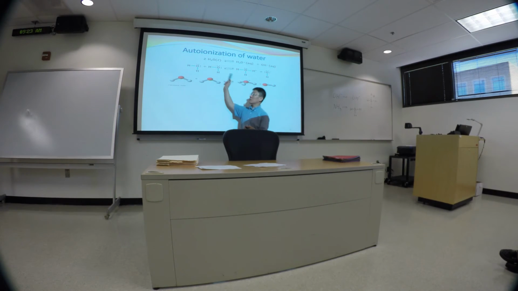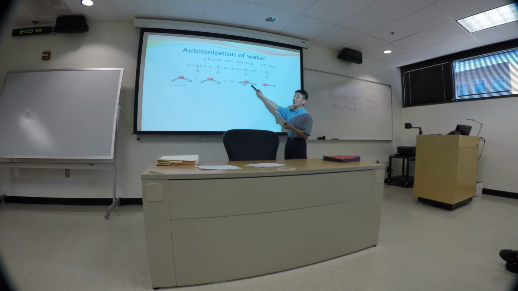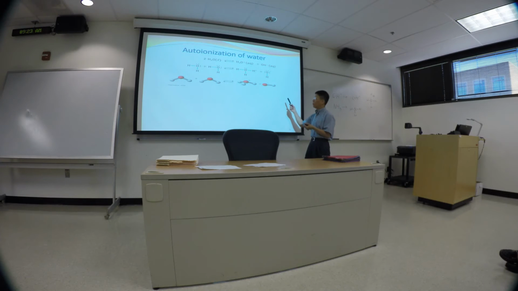This is what's happening when you have two water molecules close to one another. One water molecule will take the hydrogen ion from the other, forming a hydronium ion, and what's left of the other water molecule would be the OH minus. So you end up with an acid and a base from neutral water.